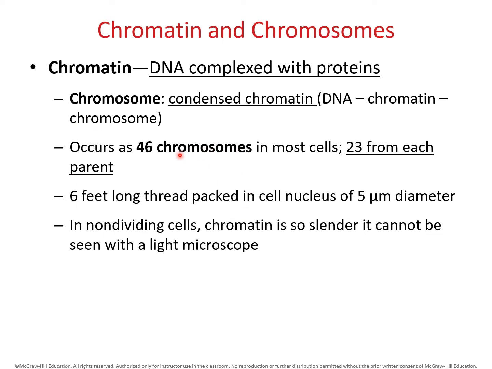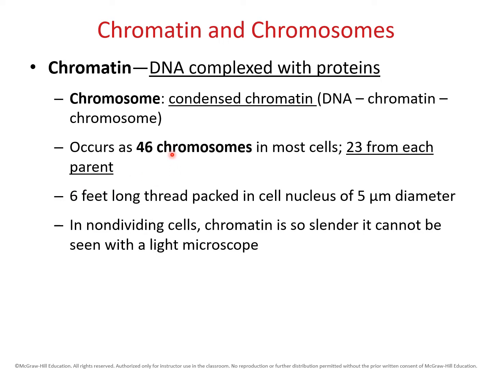In the nucleus of pretty much every cell of the human body, except for cells that you find in the ovaries and cells that you find in the testes, all the rest of your cells in the body are going to have 46 chromosomes residing in the nucleus. 23 from each parent.